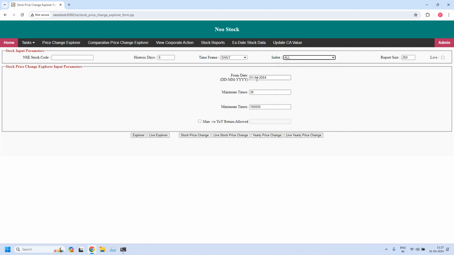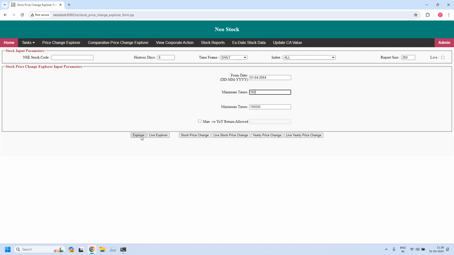And the from date is already selected as 1 April 2004, and it will search till today. If you want to become a Crorepati, those stocks over the last 20 years should give you minimum 100 times return. So I am changing the value to 100. The minimum time should be 100. Maximum can be anything.